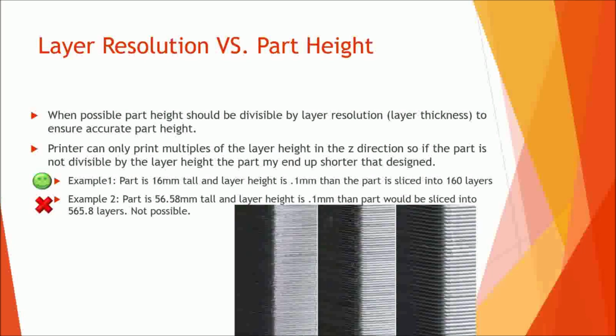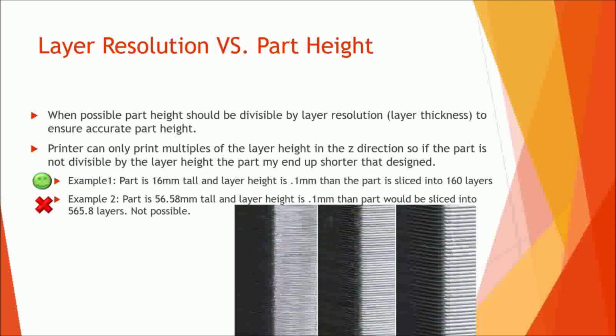So I have two examples here on this slide. In the first example, the part is 16 millimeters tall, and we have a layer height of 0.1 millimeters, and that gives us 160 layers. So that's okay. The printer will only print in one specified layer thickness.